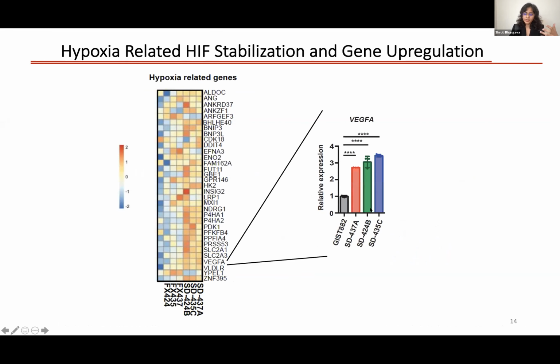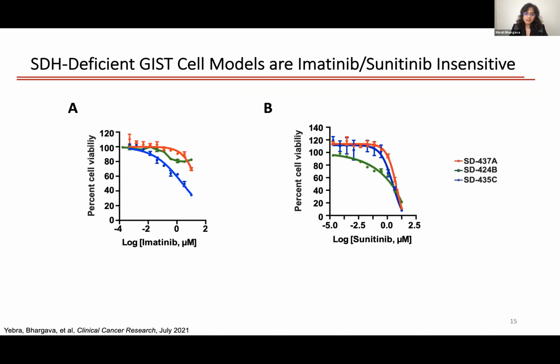We also verified our result by performing quantitative real-time PCR, and we did see that targets of HIF1 alpha or HIF2 alpha like VEGF-A are higher in SDH deficient GIST as compared to the KIT mutant cell line. So clinically, we had discussed that SDH deficient GIST models are actually refractory to the already available tyrosine kinase inhibitors like imatinib and sunitinib.